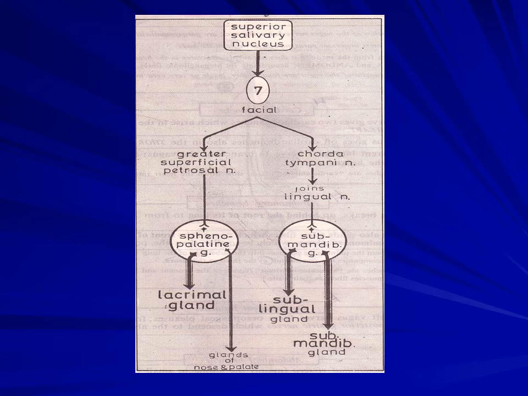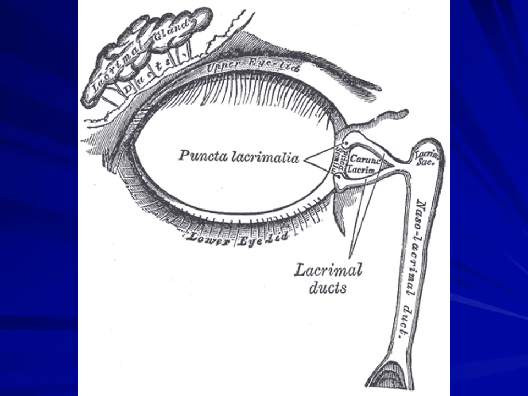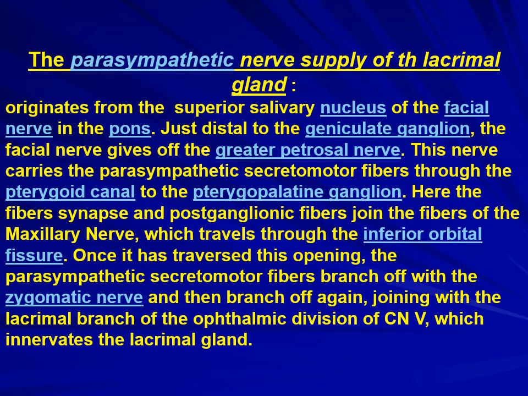So the superior salivatory nucleus will give this greater superficial petrosal nerve, then the sphenopalatine ganglion, then will supply the lacrimal gland. So the lacrimal gland is supplied by both sympathetic and parasympathetic fibers.